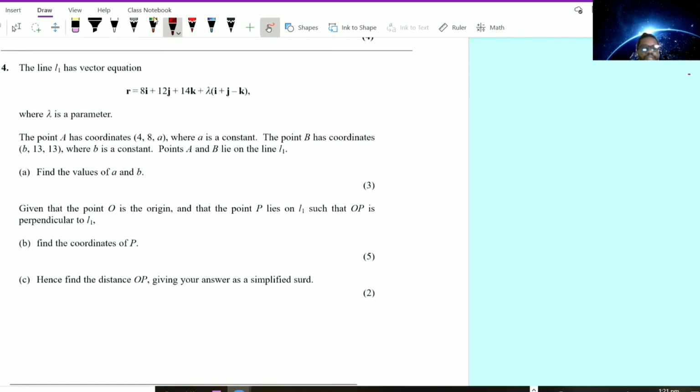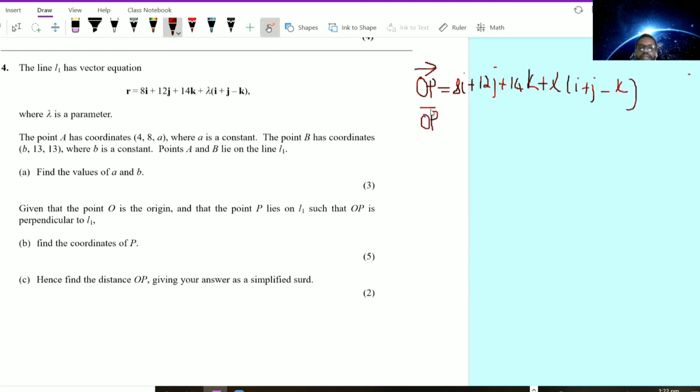Now, what is important here is that OP is actually a point on this line. So you can say that the vector OP, which is the position vector of a point, is equal to 8i plus 12j plus 14k plus lambda into i plus j minus k. So OP, we can put this together collectively as a single vector.